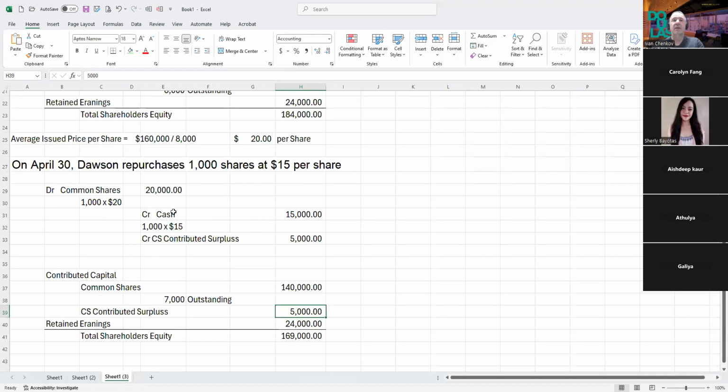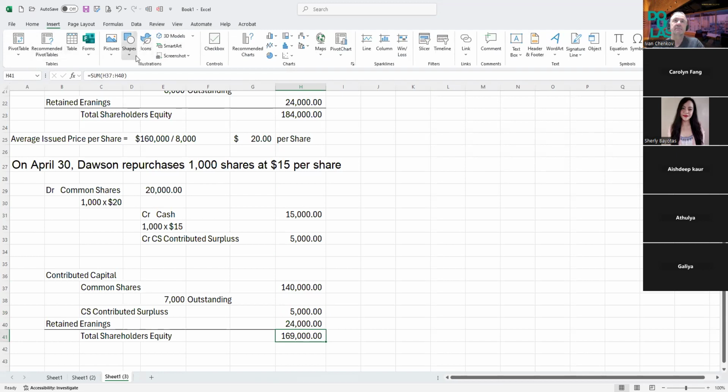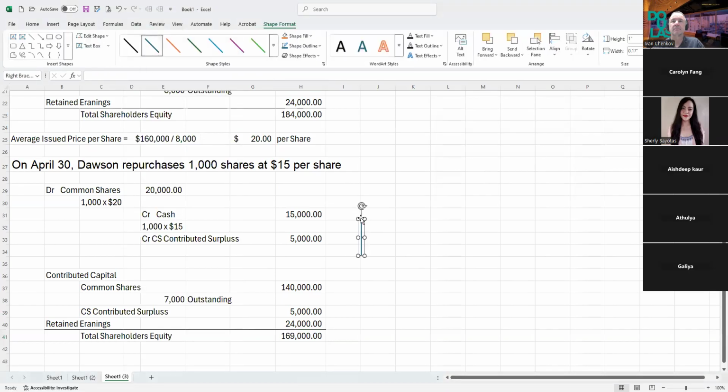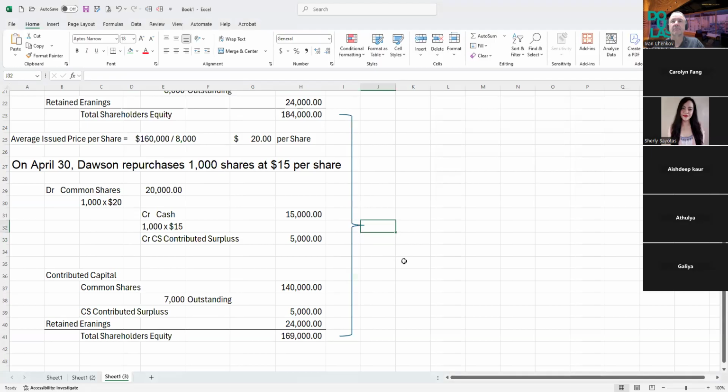What's the other effect? What's the effect on the other side of the equation? Our shareholders' equity reduced by how much? What's the reduction in our shareholders' equity now? From here all the way here, what's the difference? 15,000.